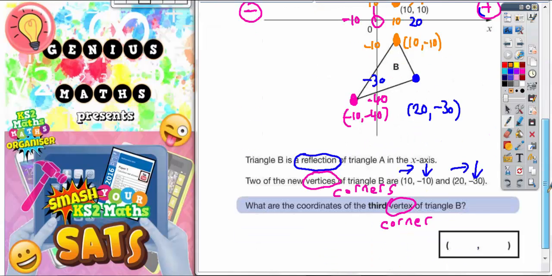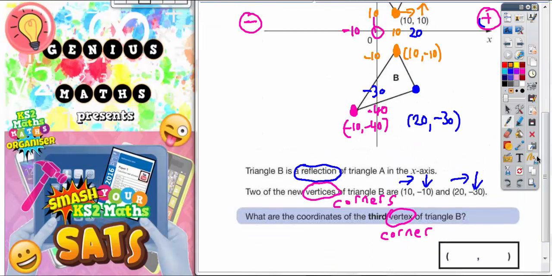So if we scroll down, we can see which ones we've actually been given. We've already been given this 10 across, negative 10 down. So that one we've got already. We've got our 20 across and negative 30 down. So that one we've got already. Well, the one that we haven't got is this one here. We haven't got the minus 10 and minus 40.